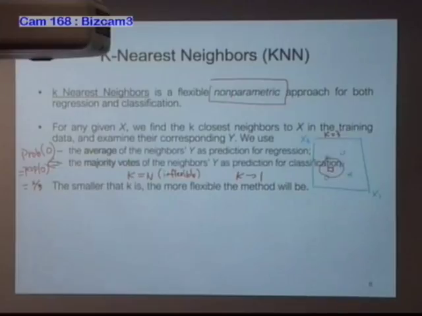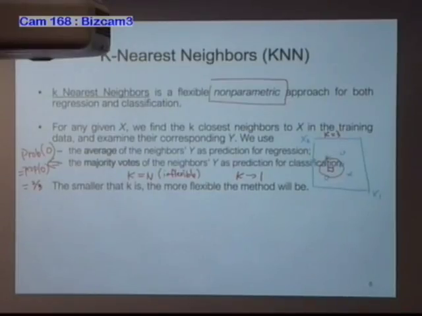How about the other issue? K equal to 1. With K equal to 1, I'm just searching for the single nearest neighbor. If that guy is a circle, I just take circle. So think about it: I move the point a little bit, and I might be assigned to a different neighbor because a different guy becomes my nearest neighbor. So the color of any point can change very frequently if you move around.